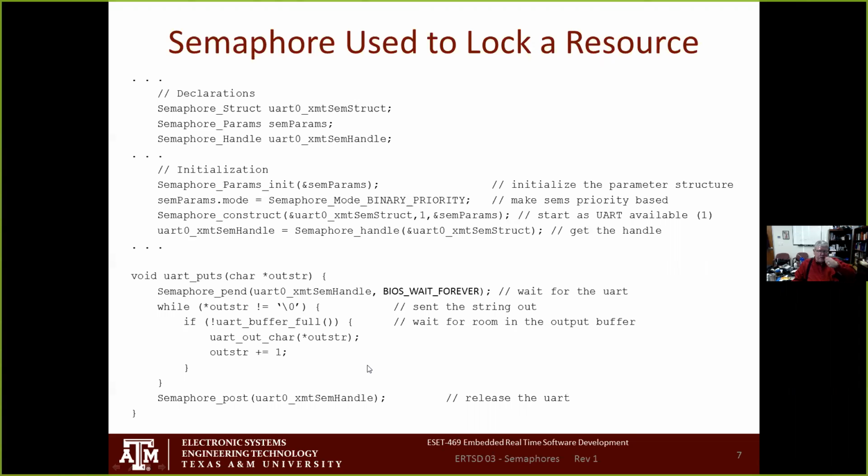So what that allows is that every time I do a UART puts, if I have my UART puts work this way, it makes sure that the entire string that I pass to it gets printed out before another task can write something else out to that port.